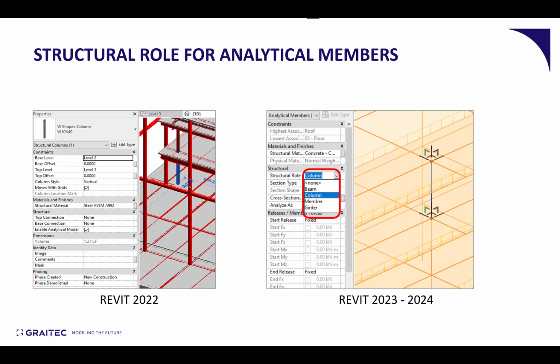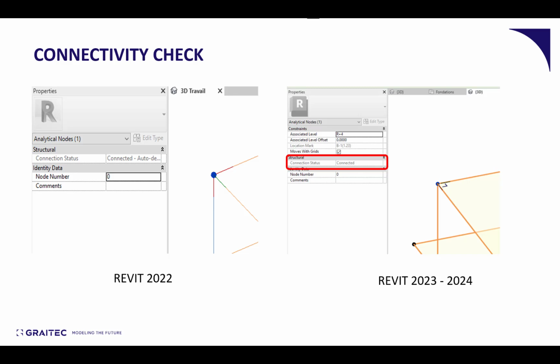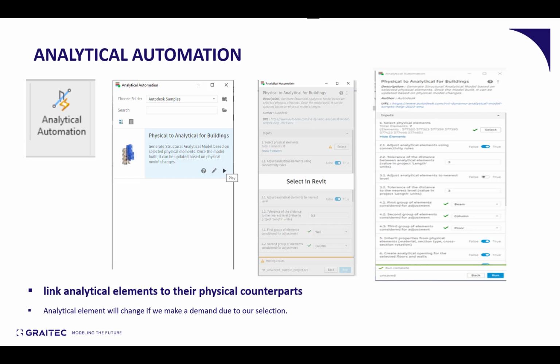Selecting now members, the user will be able to qualify and specify in the software if this member is a beam, a column, a girder, and so on. The same for panels, and we also have the possibility to have this information on connection status, to detect the status of the node, which is really interesting.